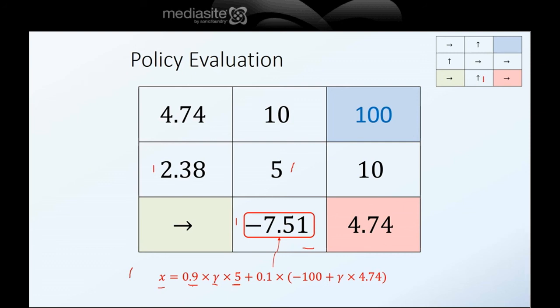And with a probability of 0.1, it moves to this state here, which has a value of 4.74, and so 0.1 times this is the term gamma times 4.74, but we also have a reward of negative 100 for getting into this state, so that also has to be taken into account. And so this gives rise to a value of negative 7.51 for x.